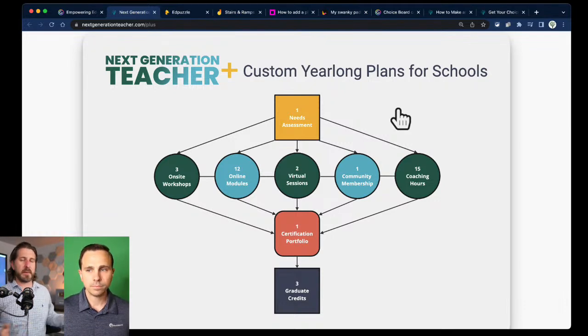And then providing that ongoing support that's going to combine on-site workshops, like Tom mentioned, and online modules that schools will be able to pick which ones fit best with their goals, and also with the levels that their teachers are at. And we have that tool for you as well.